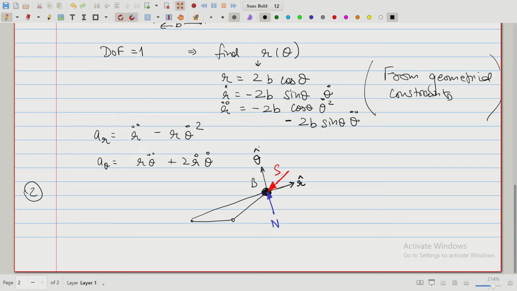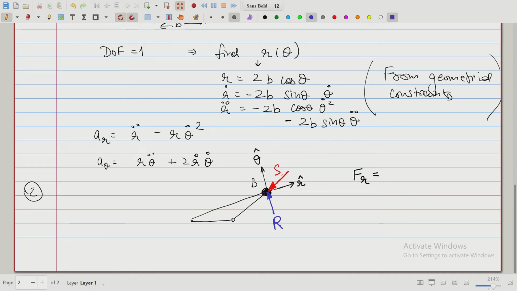I've also written r hat and theta hat because we want to find components of these forces along r hat and theta hat. So does the normal reaction have any component along r hat?